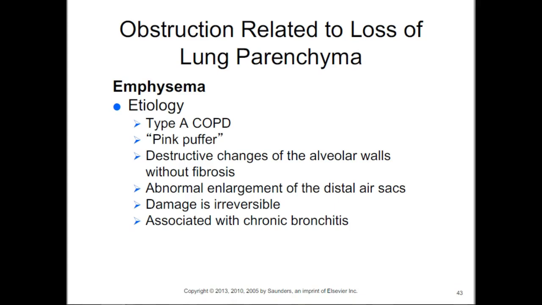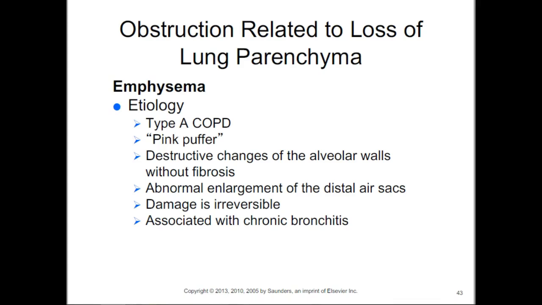you'll see destructive changes in the alveolar wall. Remember that your alveoli look like little grapes. So instead of having the entire wall all the way around the grape, it's like you merge the grapes into like one gigantic grape. And with a decreased amount of membrane, there's less membrane for you to exchange carbon dioxide and oxygen.